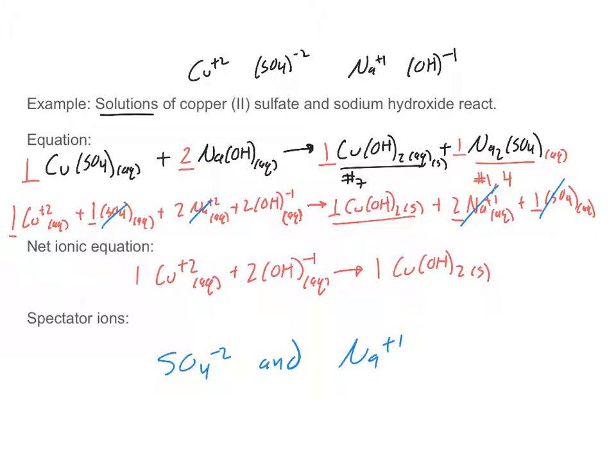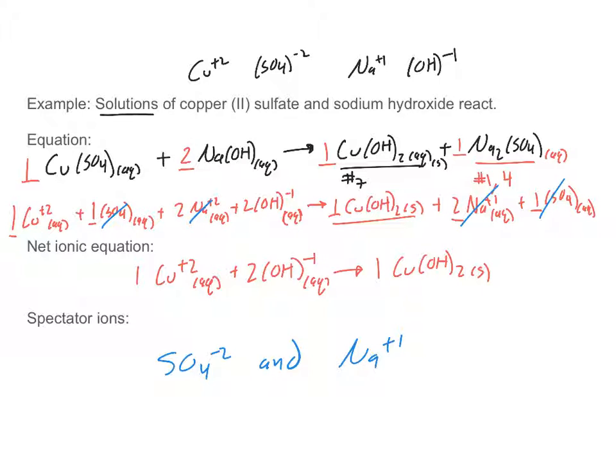So I suppose if you were doing this by yourself, you would have hopefully correctly written the reactants, predicted the products correctly, and identified that rule number 7 tells you that the copper hydroxide is the solid product. And rule number 1 and rule number 4 tell you that the sodium sulfate are aqueous products. I wrote my complete ionic equation.